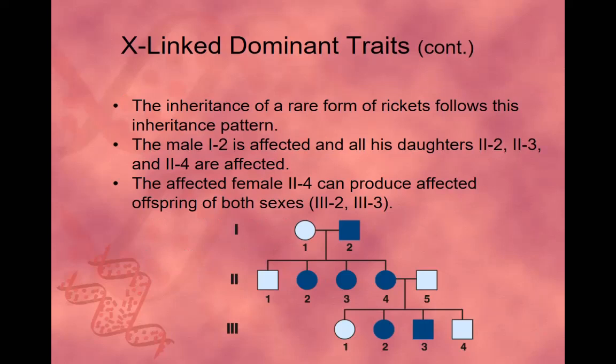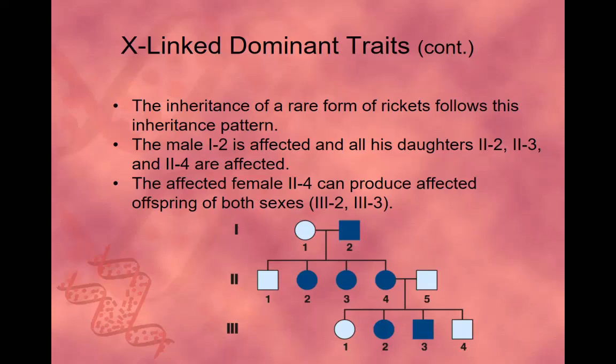So let's take a look at a pedigree showing this. The inheritance of a rare form of rickets follows the inheritance pattern you see below. Notice that because it's dominant, it's in every generation. So some key things to look for. If it's in every generation, it's probably a dominant trait. If it skips a generation and you end up with carriers, it's probably a recessive trait.